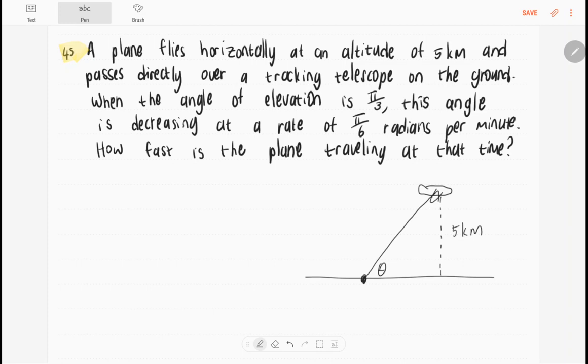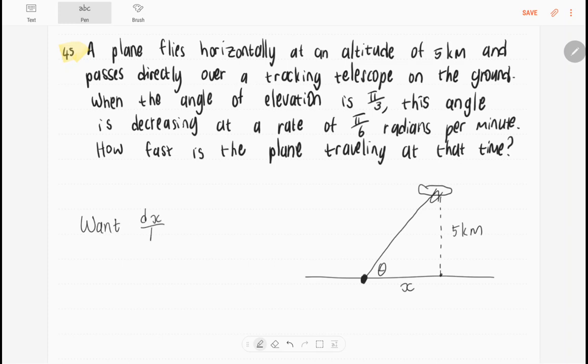And then the distance between the point where the tracking telescope is and the point directly below the plane, if we draw a line vertically downwards perpendicular to the ground, let's call that x. Because if we can find dx/dt, we find how fast the plane is traveling, and that is what we're asked.